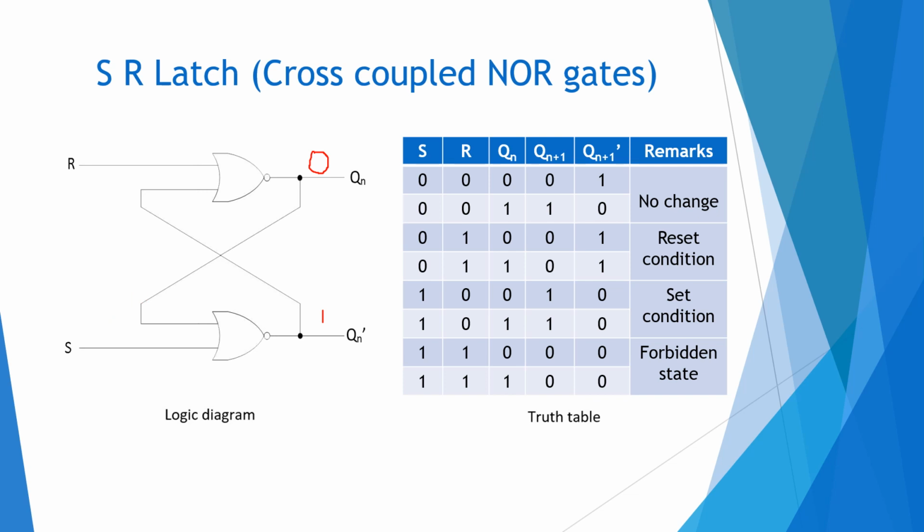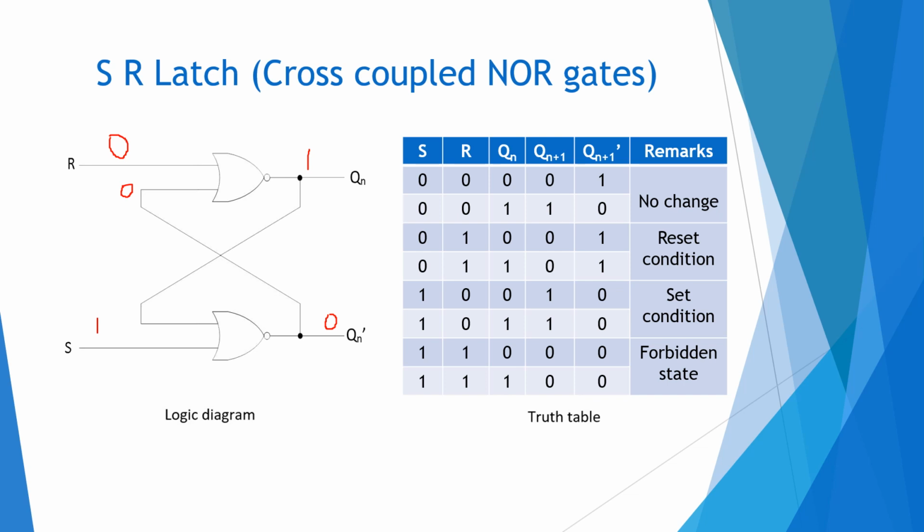So let us now find the third condition, the set condition, when S is equal to 1, R is equal to 0. So here any one of the inputs of a NOR gate is 1, so this will be 0. So 0, 0, this 0 comes here. This is 1.